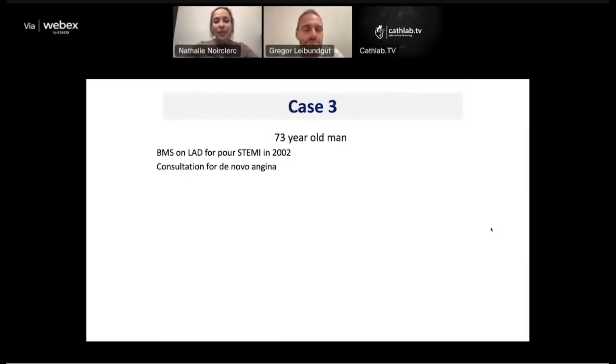So a 73-year-old man who had bare metal stents on the LAD for a STEMI in 2002, and he consulted for de novo angina. First electrocardiogram, if you click, you're going to see it's a ventricular tachycardia.